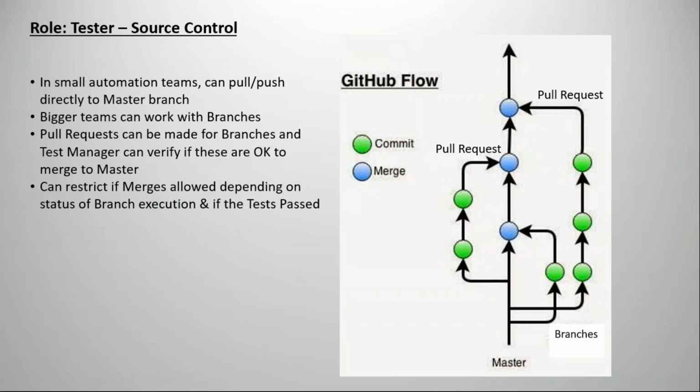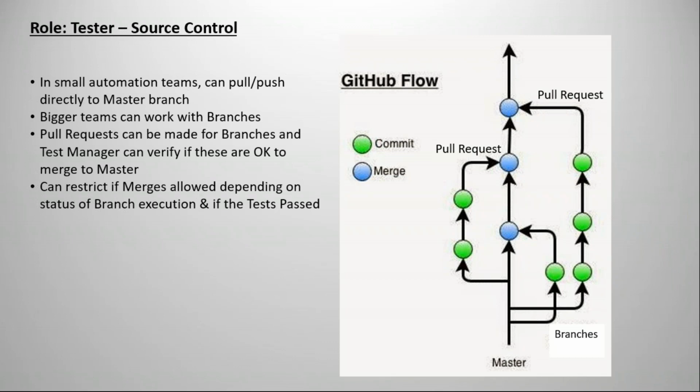So for those of you who are new to source control, just to explain what Steve's just done. So originally I created this GitHub repository for our UFT test suite, and that was on the master branch. So think of that as our project, our main project. Now, sometimes we don't want people making changes directly to that project.